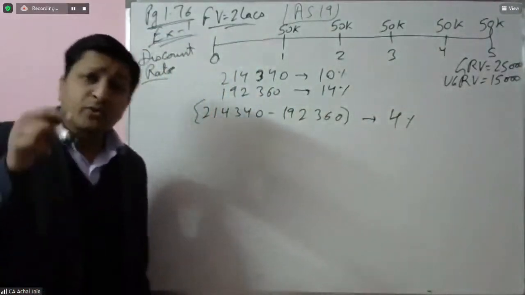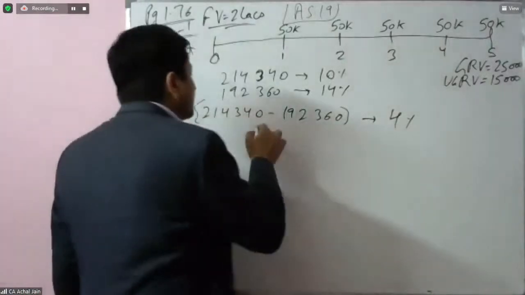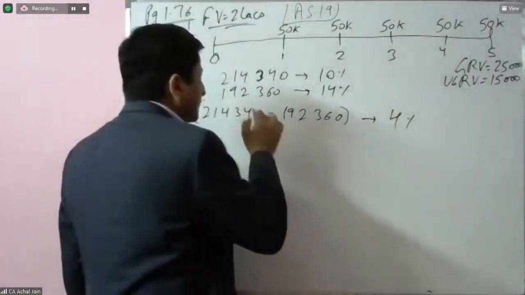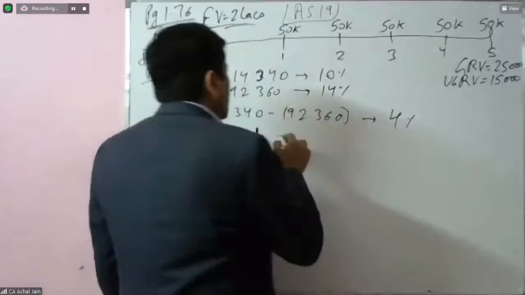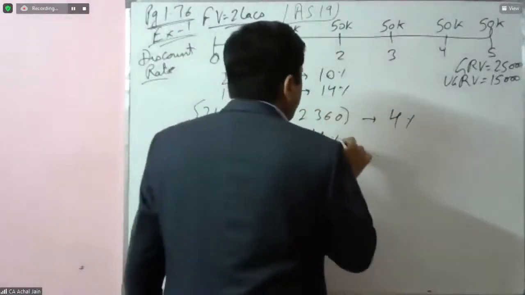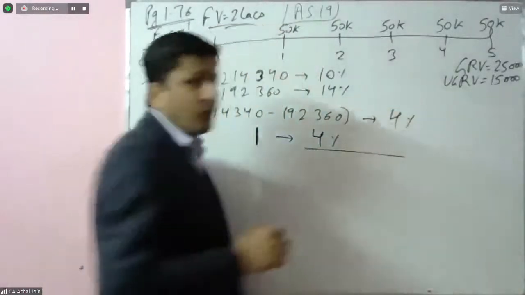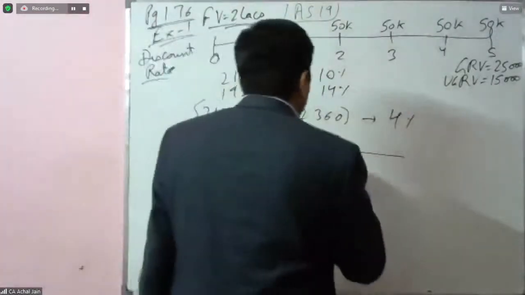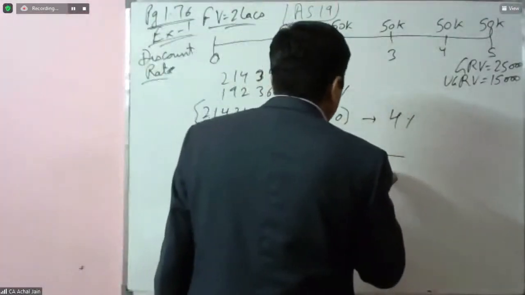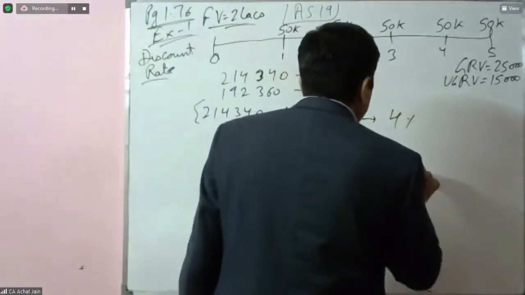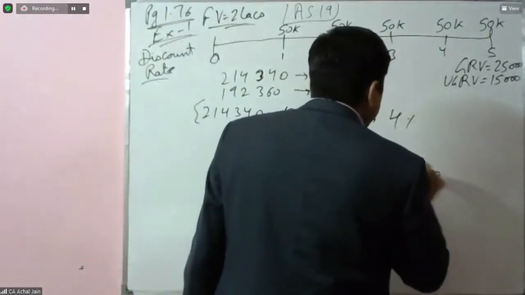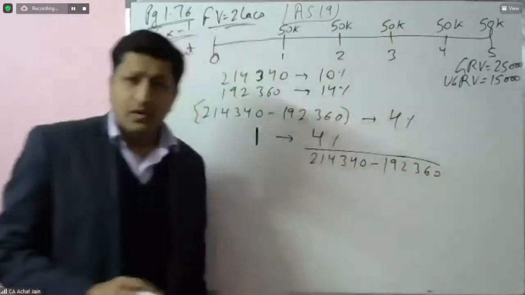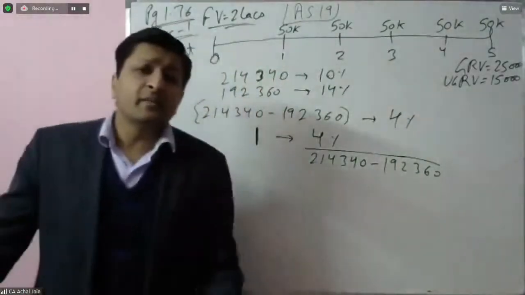Let's suppose we have to reduce the amount by ₹1, only 1, then what will be the change in the rate? We'll need 4% divided by this much amount, 214,340 minus 192,360. Correct? I am applying the unitary method.